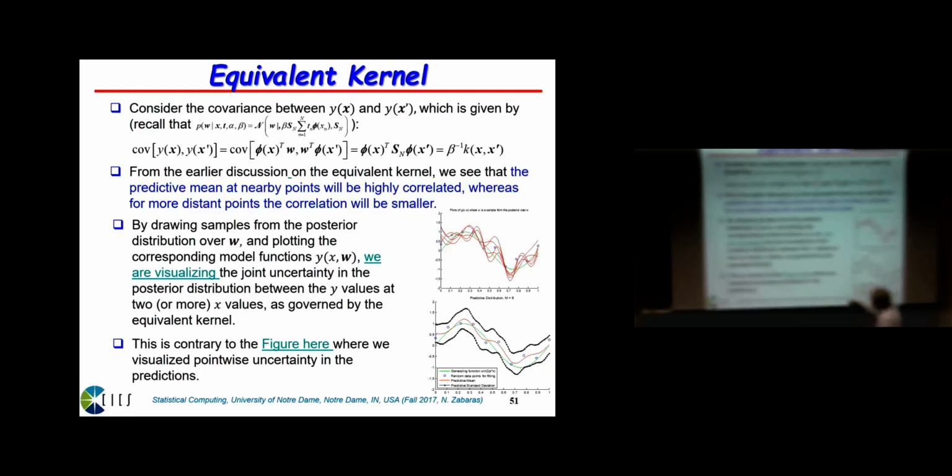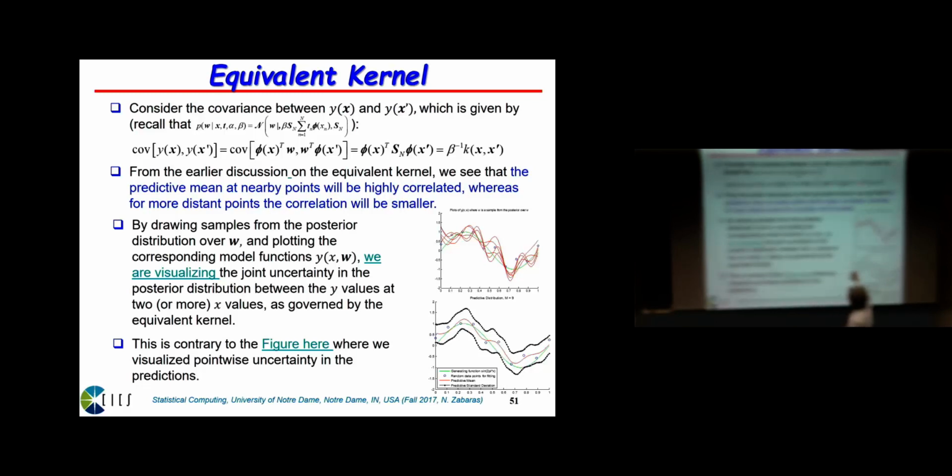It comes out that this covariance of the response at two arbitrary points is really proportional to the kernel value.